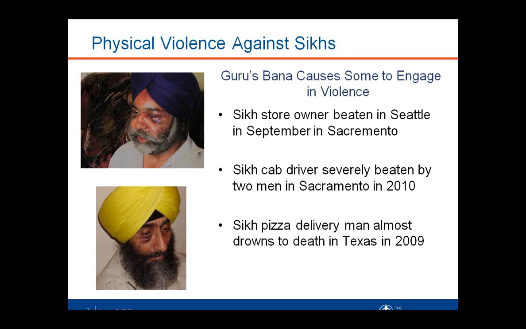And so people in those jobs, we've found, where there's little control over customer flow, and you tend to be confined to a certain space, if you're a cab driver or a store owner, and can't leave that space if there's danger or have difficulty leaving it, those are the Sikhs who tend to be the most vulnerable in the workplace.